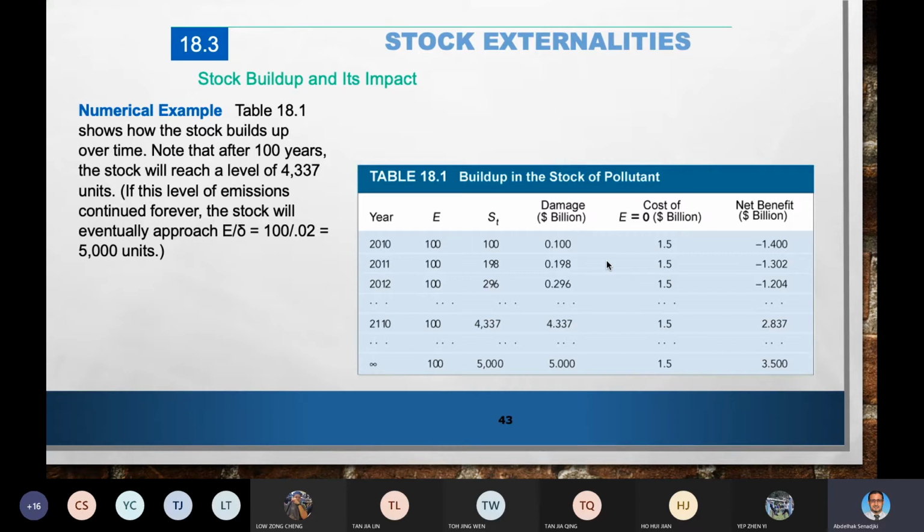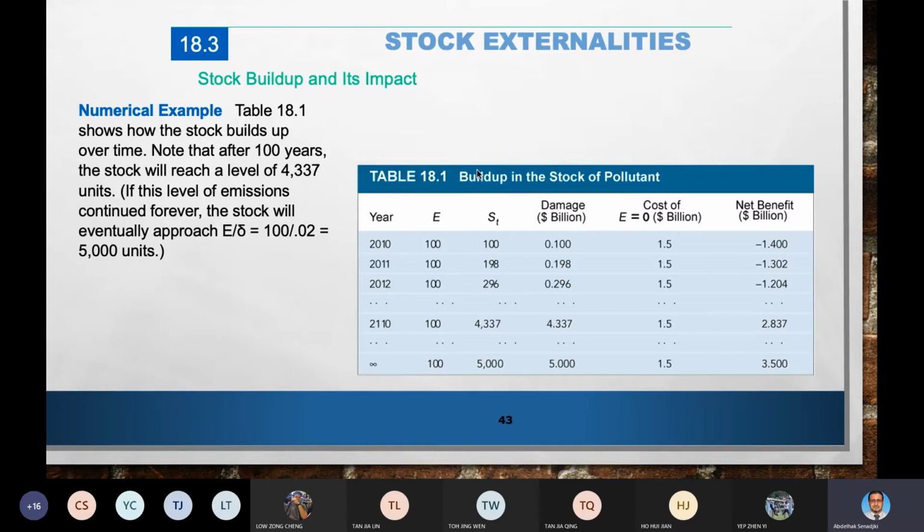Suppose that there is no government intervention, and we have 100 units of a pollutant that is emitted to the atmosphere every year for the next 100 years. From now, let's say 2020, until 100 years later, that means 2120.